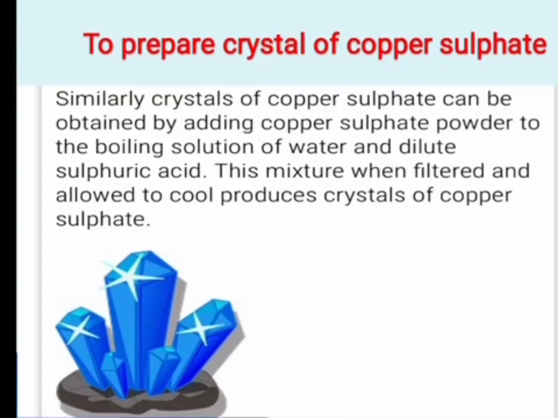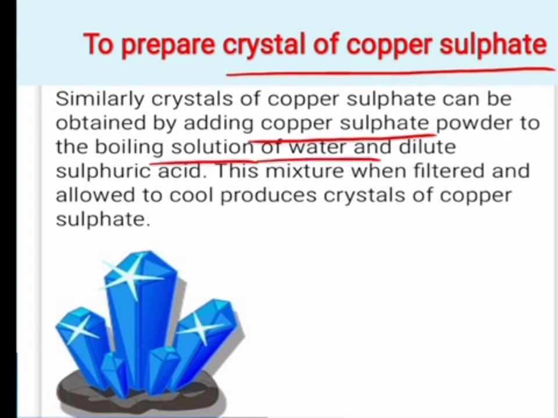Here is an example of crystallization to prepare the crystal of copper sulfate. The crystal of copper sulfate can be obtained by adding copper sulfate powder to the boiling solution of water and dilute sulfuric acid, or H2SO4.